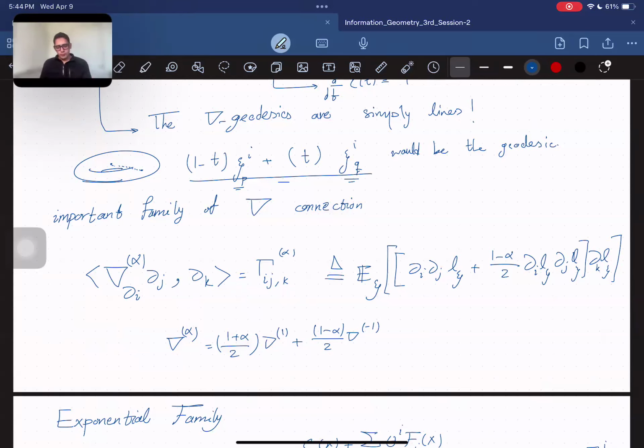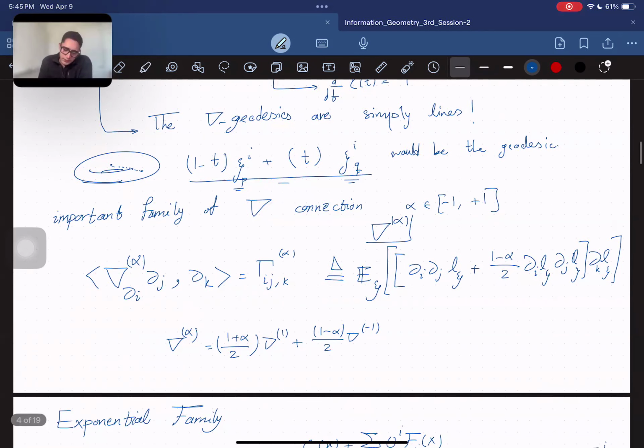So we can define alpha from -1 to +1. We can define as many connections as you want, which I show with this. And the only thing I need to define is n to the power of 3 numbers.